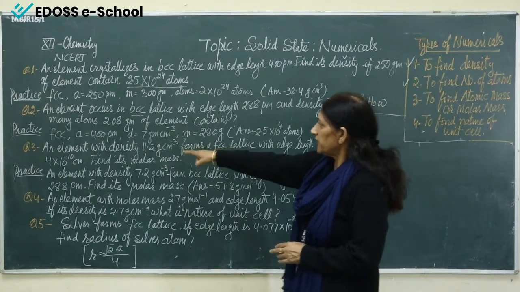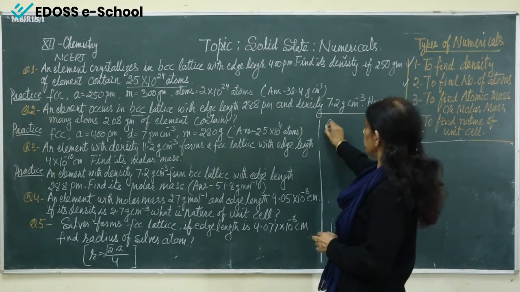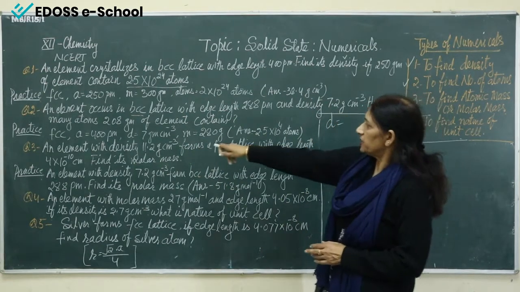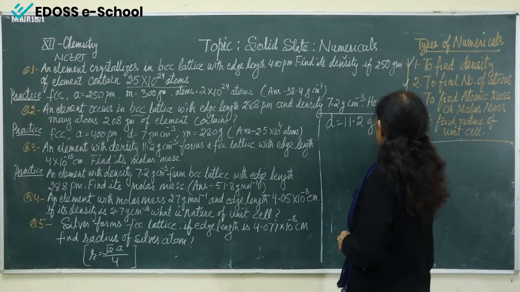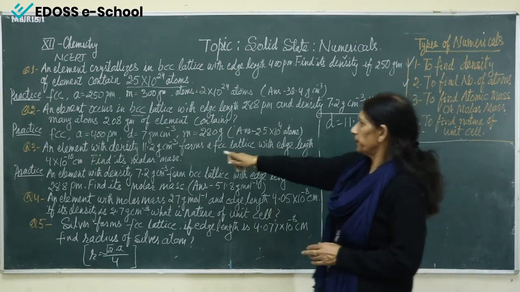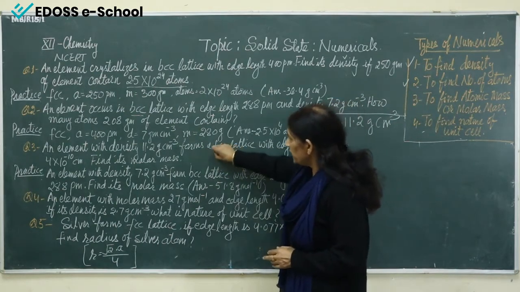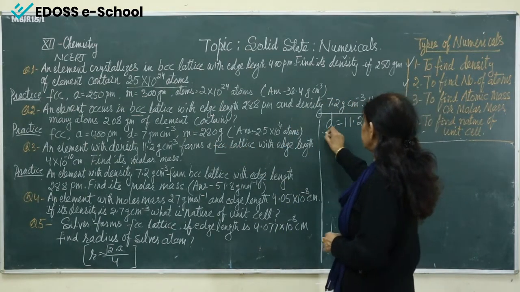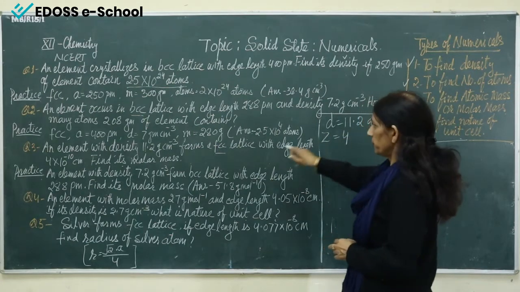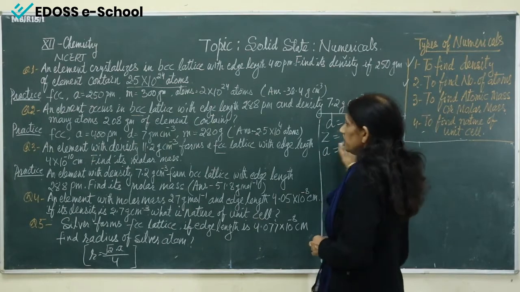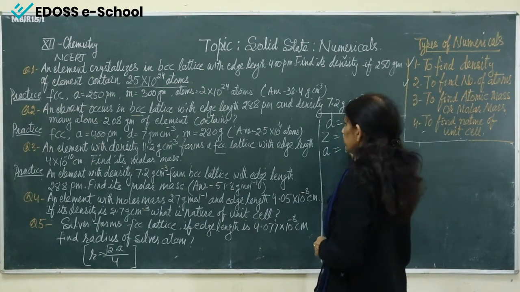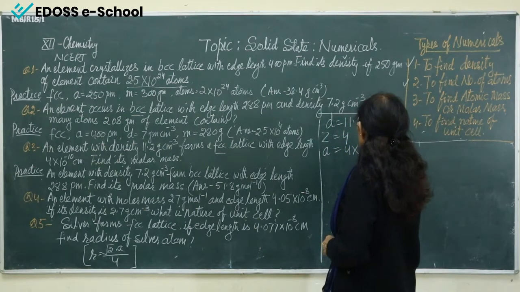An element with density is given, so we will write D, 11.2 gram per centimeter cube, and FCC lattice, that means Z is equal to 4, with edge length, that means A is given, 4 into 10 raised to power minus 10 centimeter.